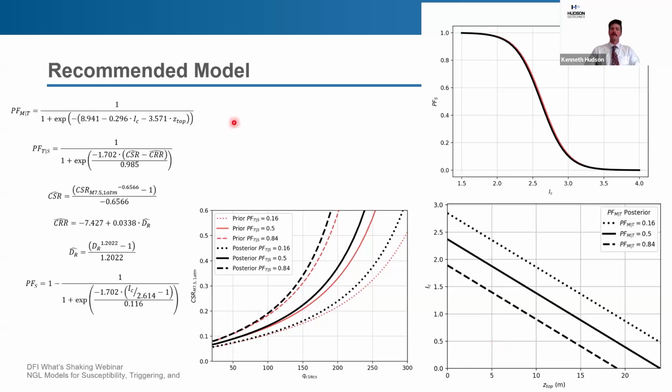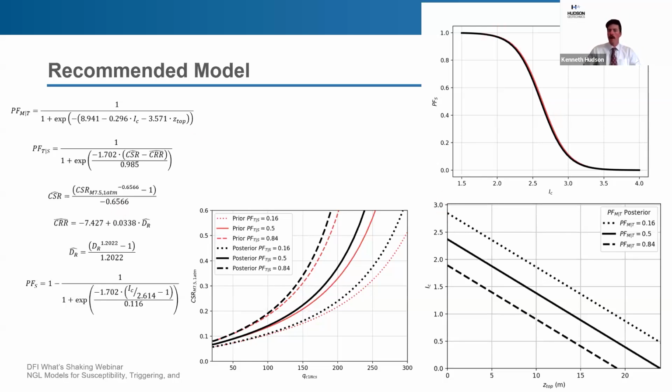We ended up with this model that predicts manifestation conditional on triggering using the soil behavior type index and the depth to the top of the layer. And then it also gave updated Bayesian posteriors for triggering so that we were accounting for field conditions, for things that might affect the triggering or susceptibility of a soil. And so these are those final equations and kind of what they look like.